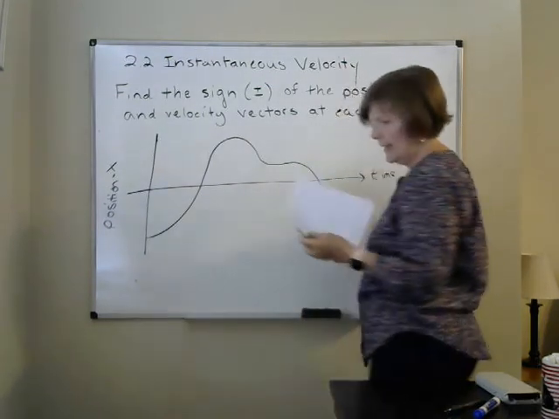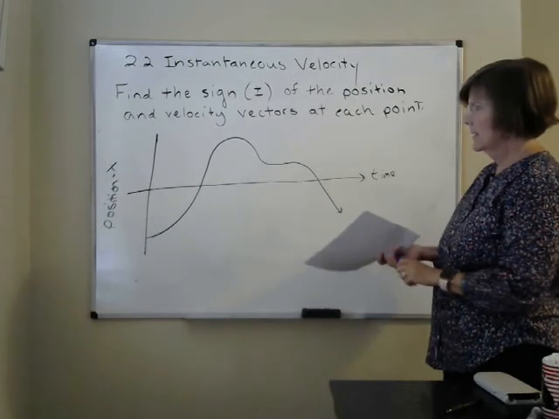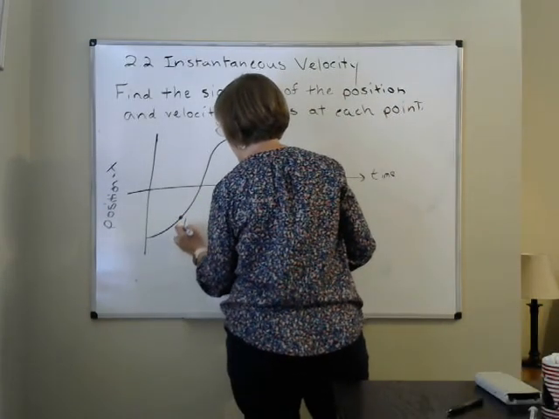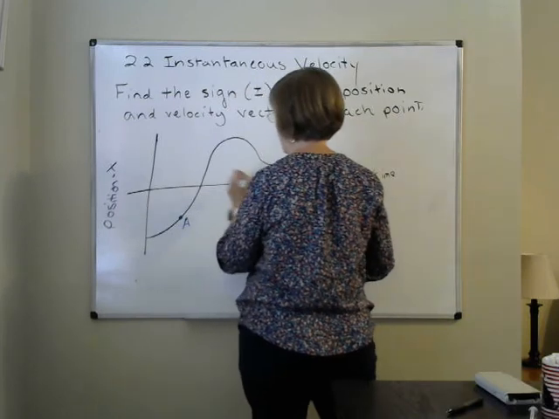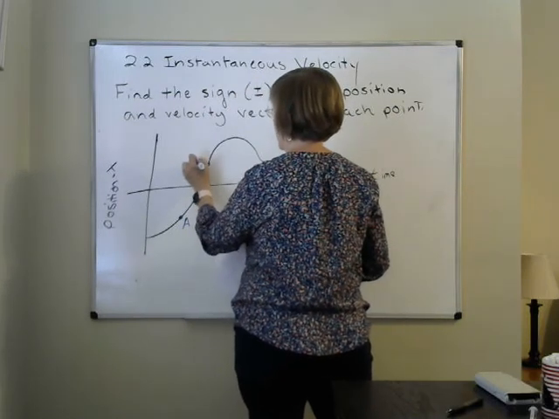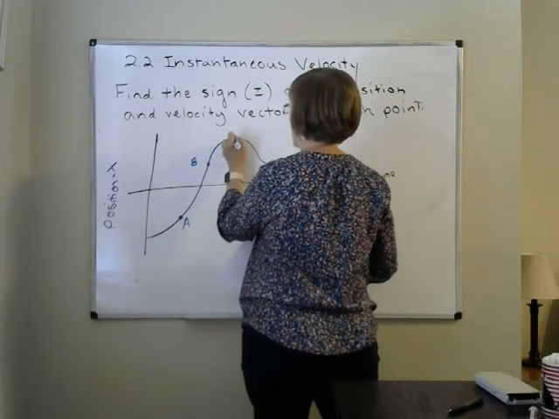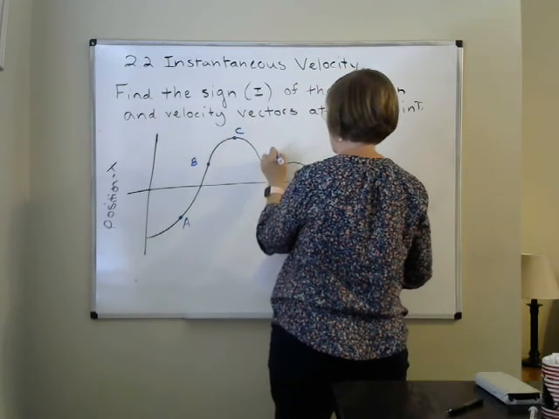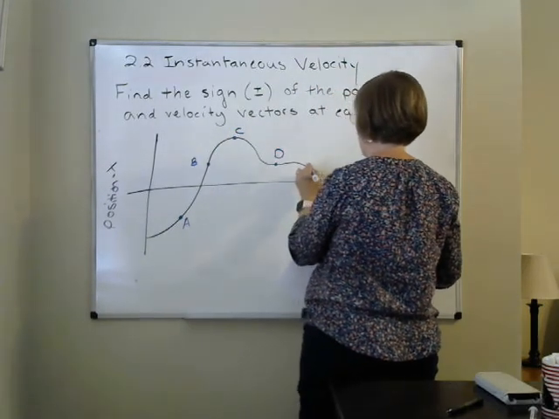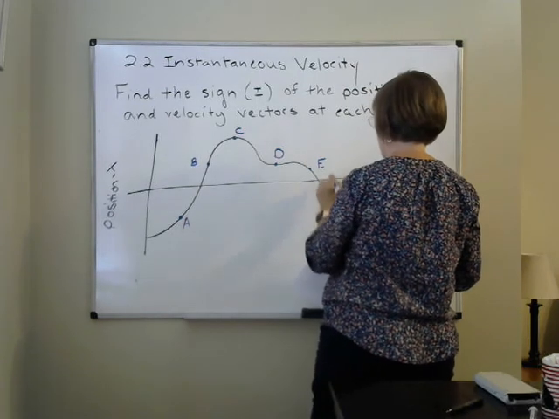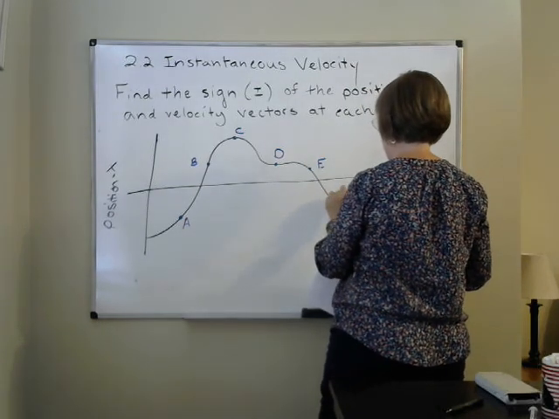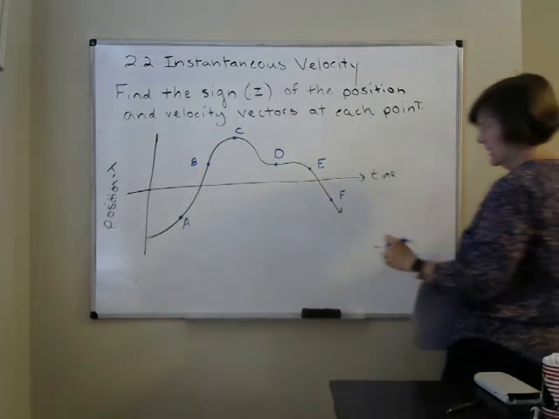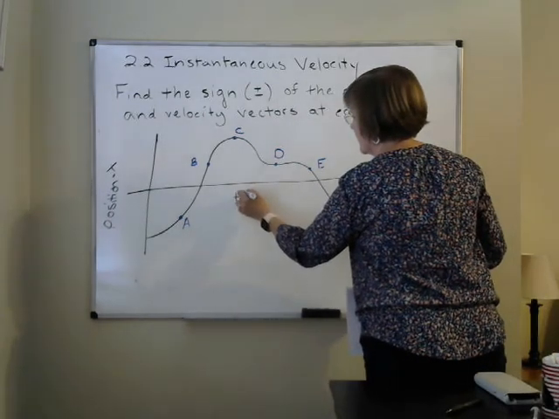Okay, we'll label some points. I'm going to label point A, point B, point C, point D, point E, point F. I have a lot of points. I'll tell you what, I'm going to write the word time under here.